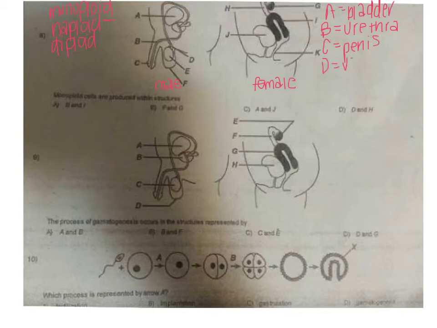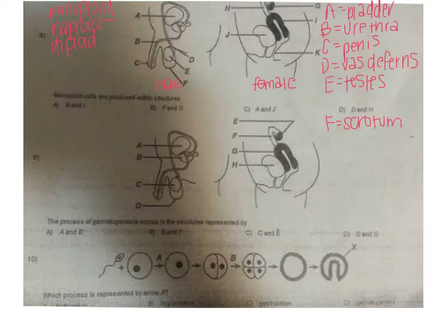D is going to be the vas deferens. Now the vas deferens helps carry the sperm away from the testes where the sperm are produced to help exit the body via the urethra. E is going to be the testes, in this case testis. F is going to be the scrotum.